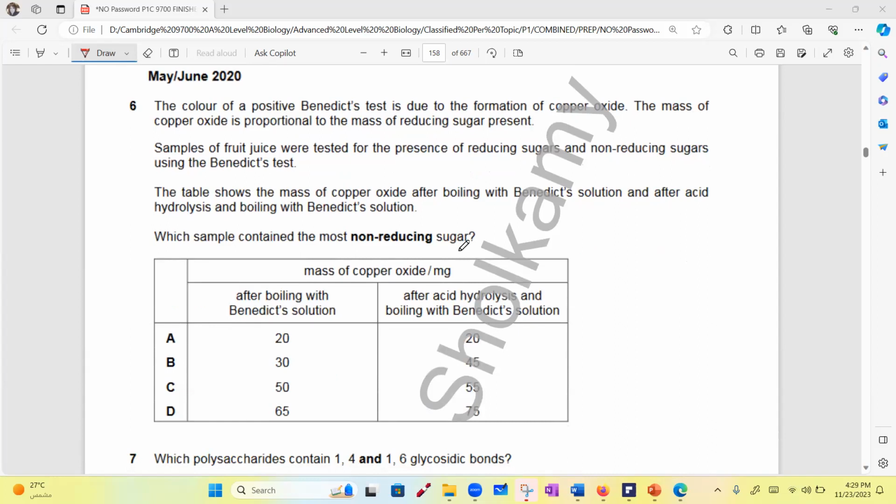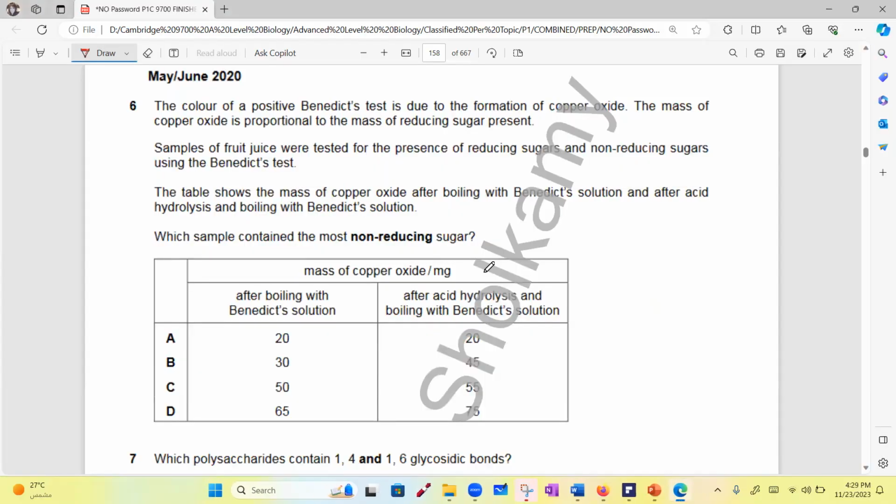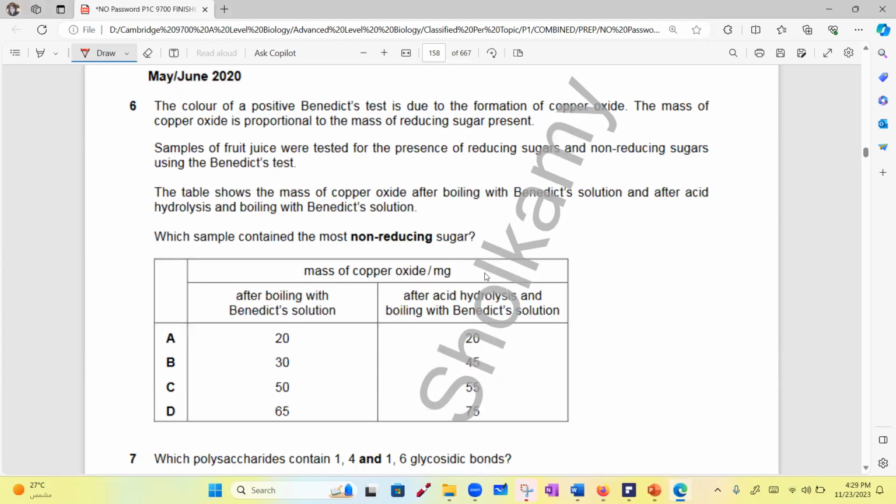Okay, this is a tricky question. Can you look at the numbers and tell me which one contains the most non-reducing sugar? Look at the mass of the copper oxide. After boiling with the Benedict solution, you have a mass of 20, 30, 50, 65.